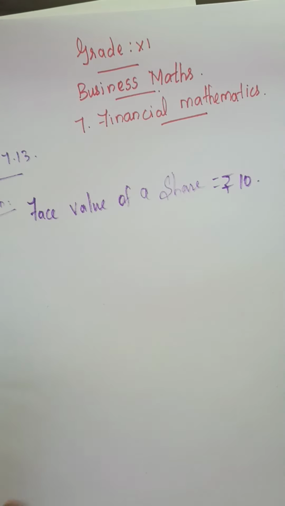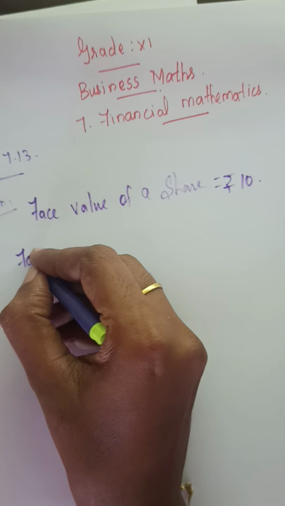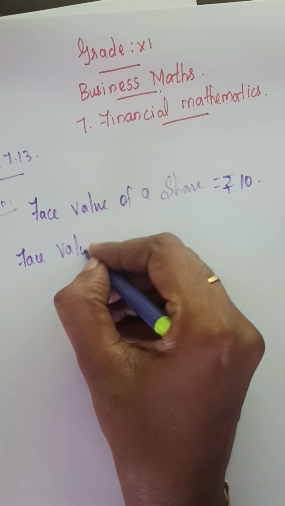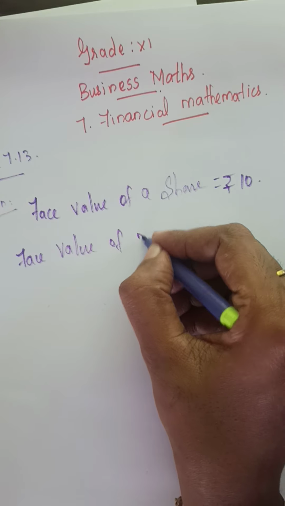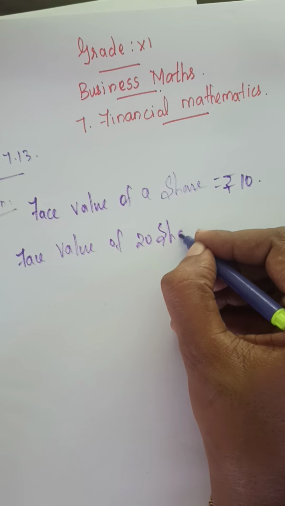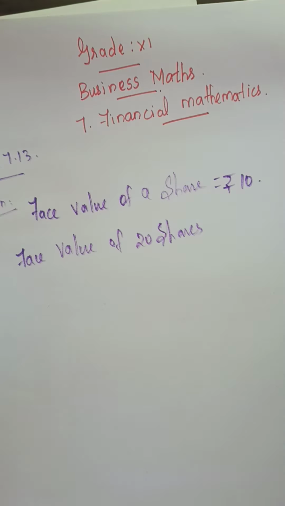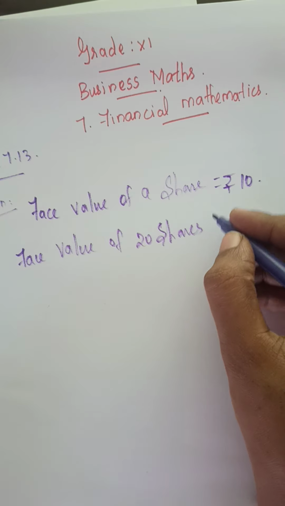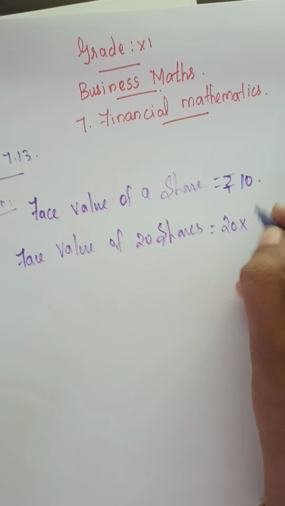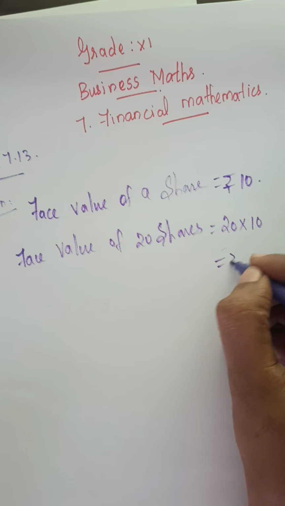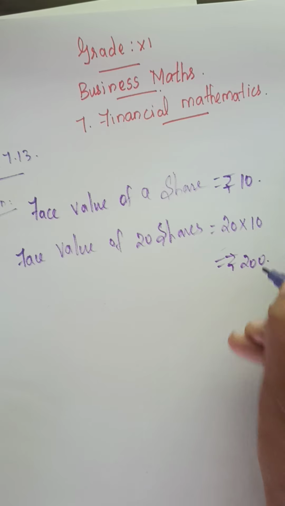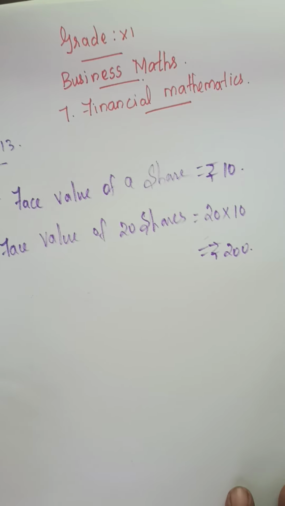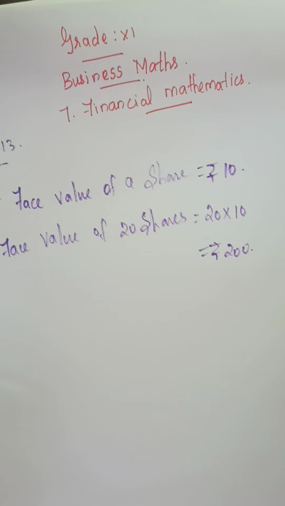Here we need to find the face value of 20 shares. How will you find it? 20 shares means 20 into 10, which is equal to rupees 200. Now you have the face value of 20 shares.